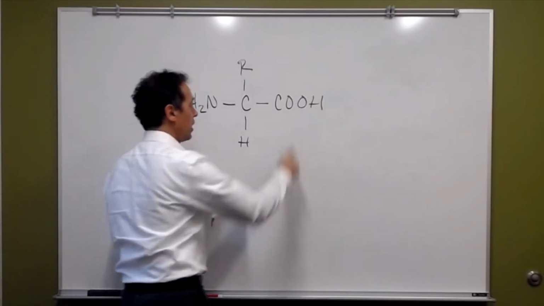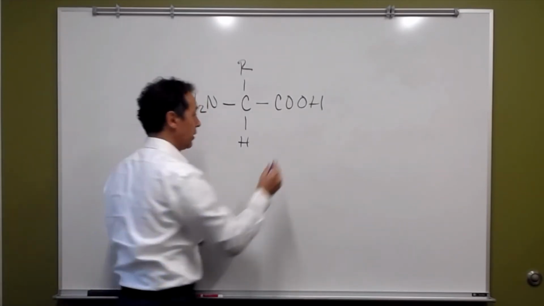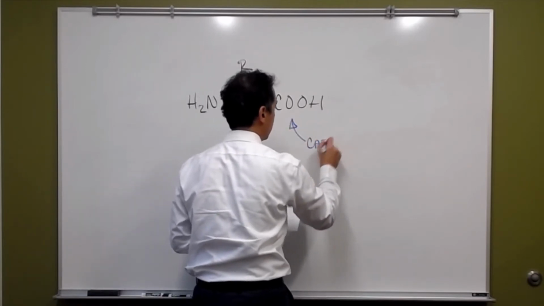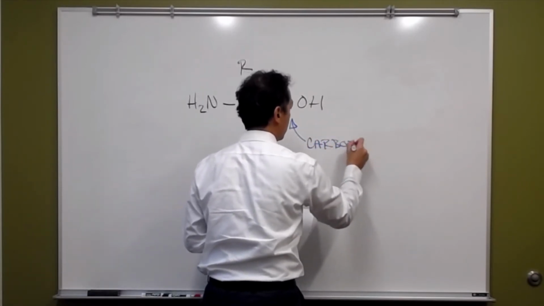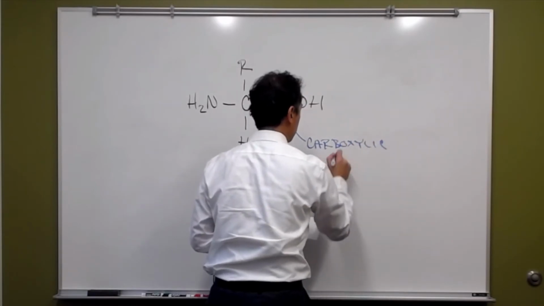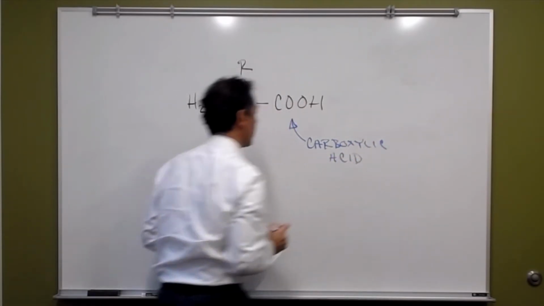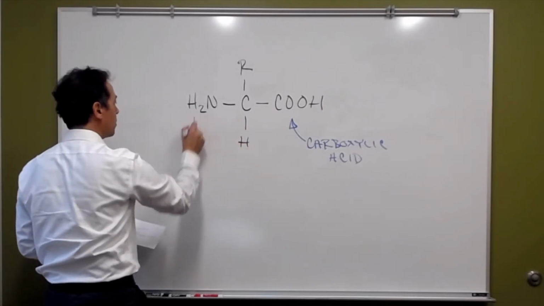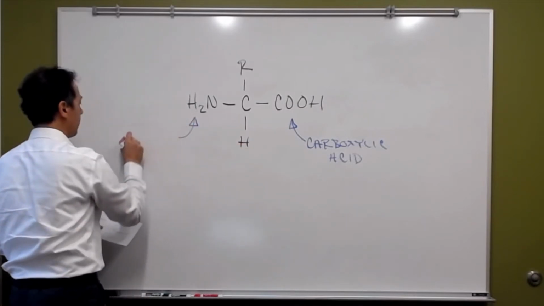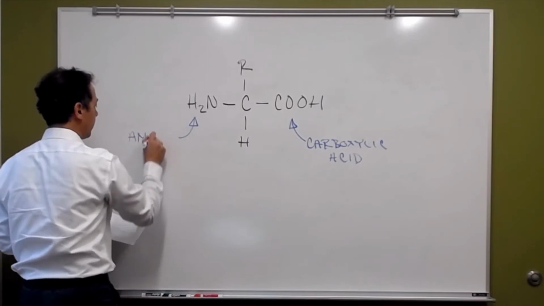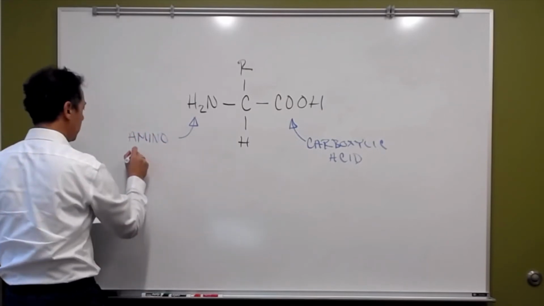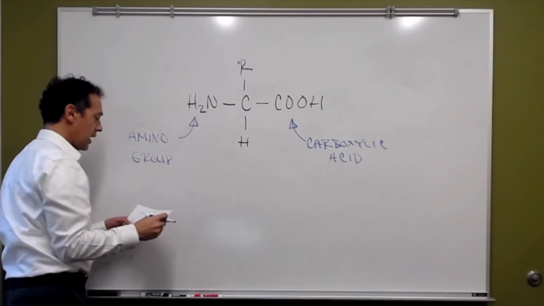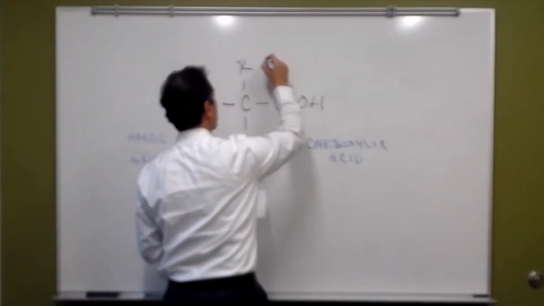We have over here our carboxylic acid group, and over here we have our amino group. Like that, and then up here would be our side chain.